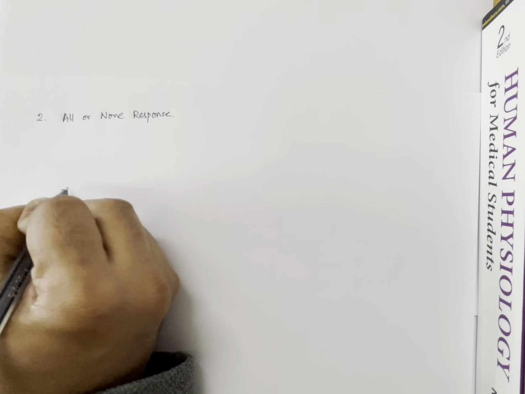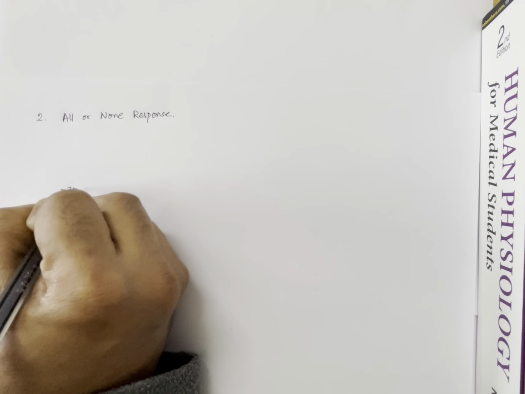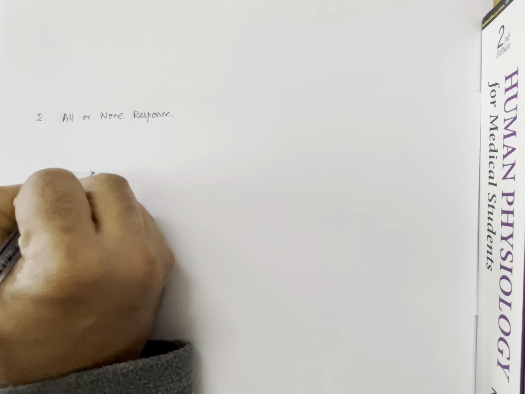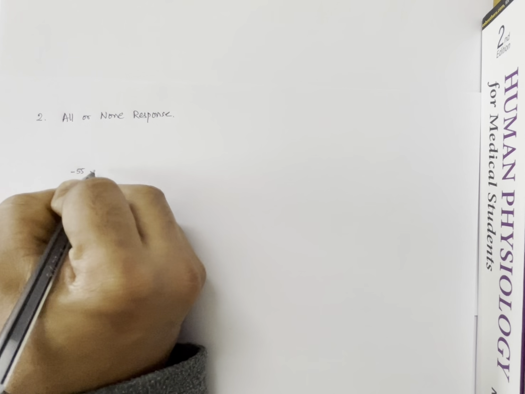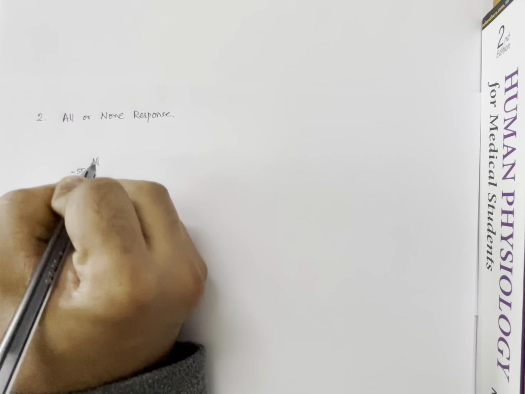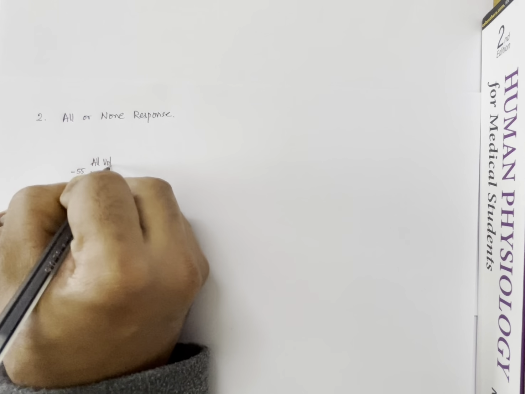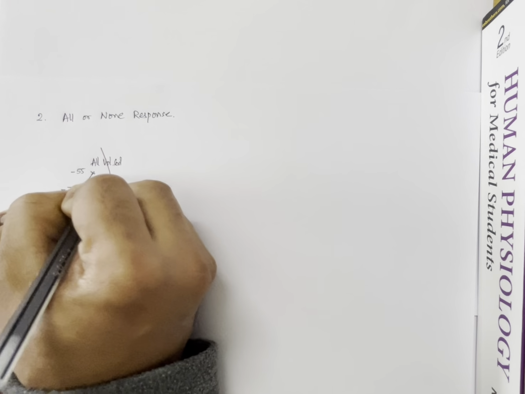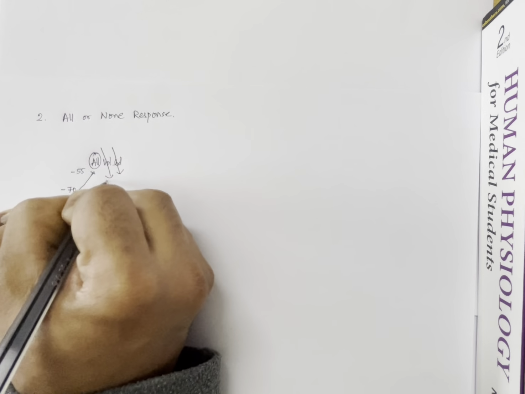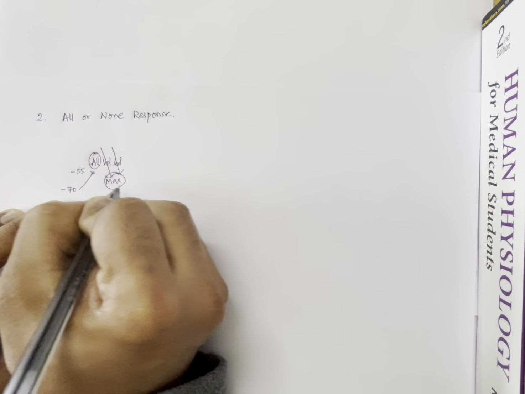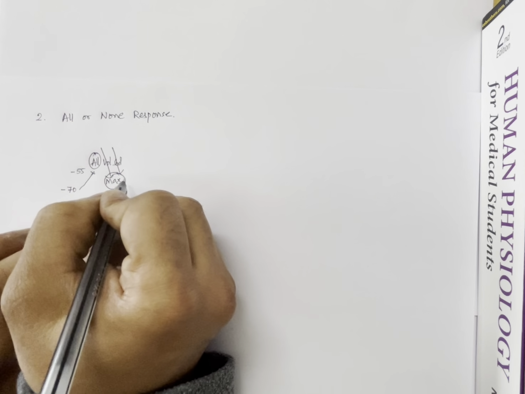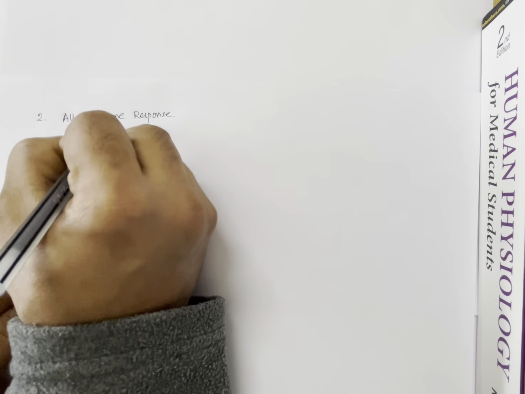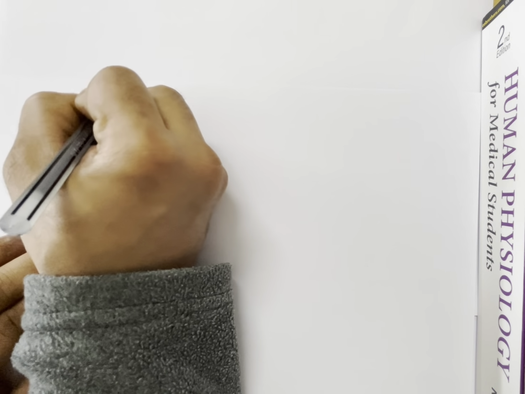Whenever an action potential is generated, the membrane potential is taken from the resting level to the firing level, that is minus 55, when all voltage gated sodium channels are activated and maximum sodium ions are entering. The amplitude will reach the maximum level, that is plus 30 millivolt.